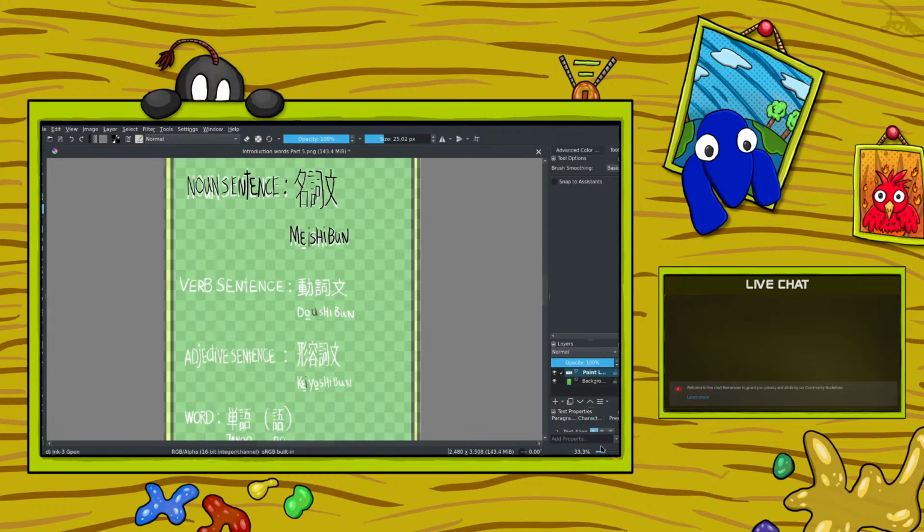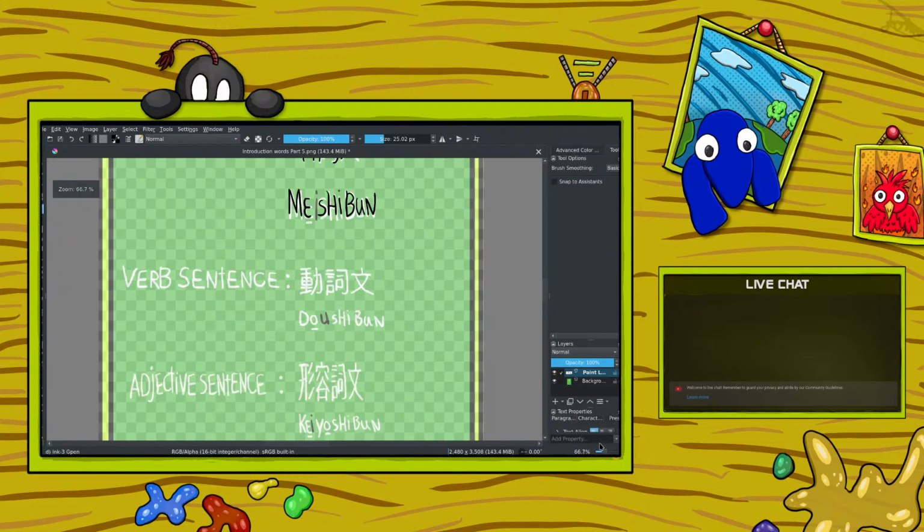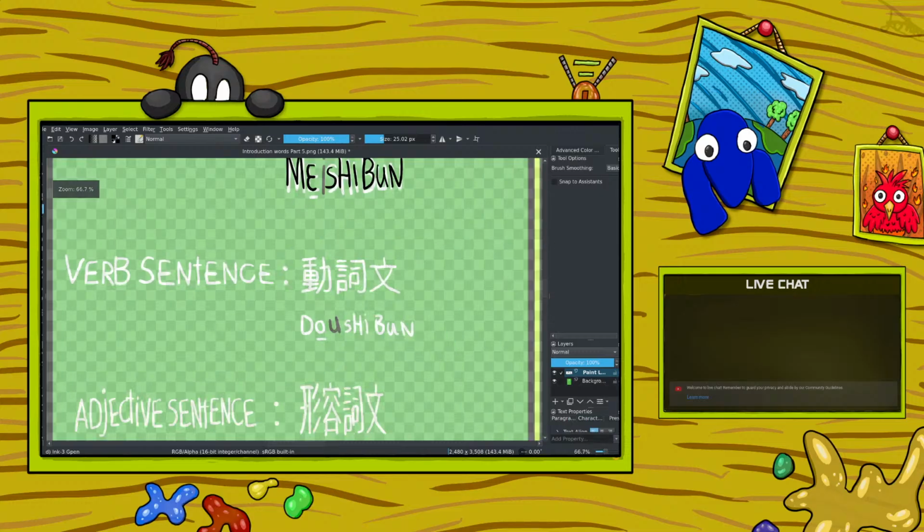Now we have a vocabulary sentence, which is then, of course, a doshiban. This is do.